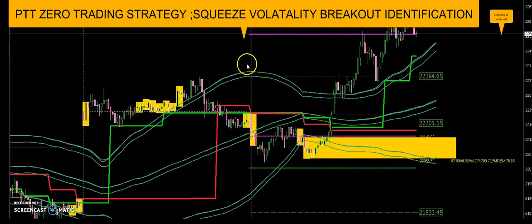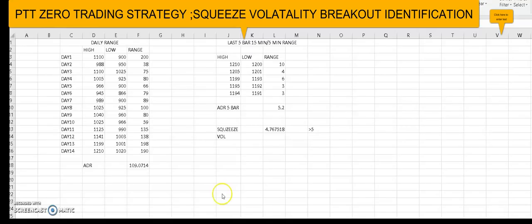That kind of thing we cannot identify by Bollinger Band or whatever other tools you are using. You cannot identify the exact candle for the squeeze. But if you use the ADR, you can get the exact point of the squeeze. I am telling you again: take the 14-day ADR and average it, and take the last 5 bars of 5 minutes, or the last 5 bars of 15 minutes, whichever you want.